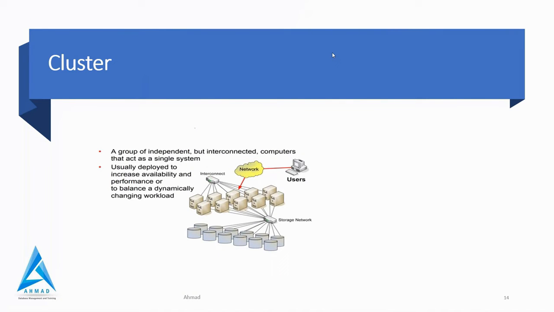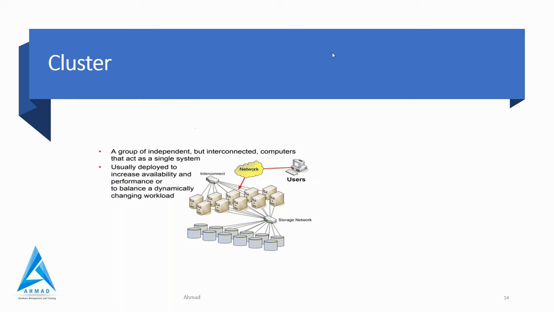Now come to the first term related to RAC, which is the first word you will discuss or listen to when you are talking about clusters. Basically, a cluster is a group of independent but interconnected computers. You see in the picture, there are multiple servers available, and each server is interconnected.